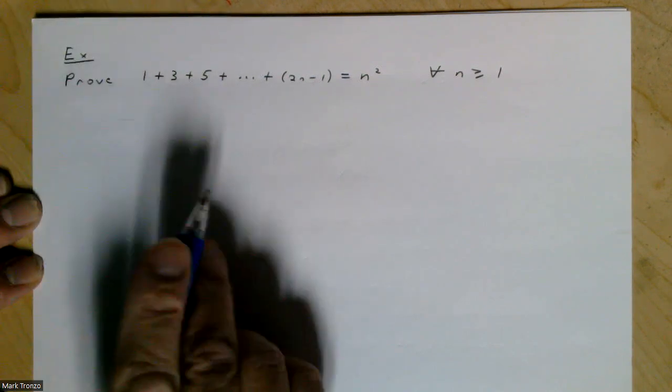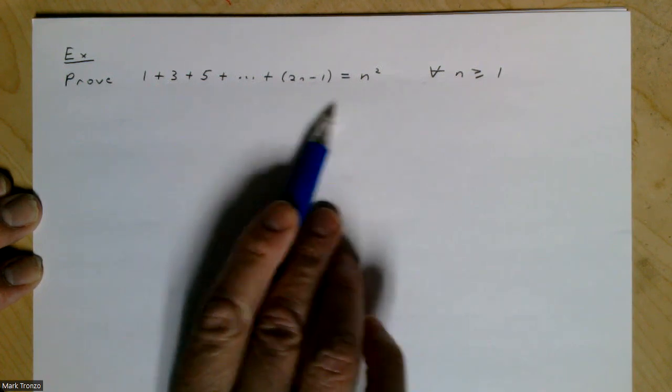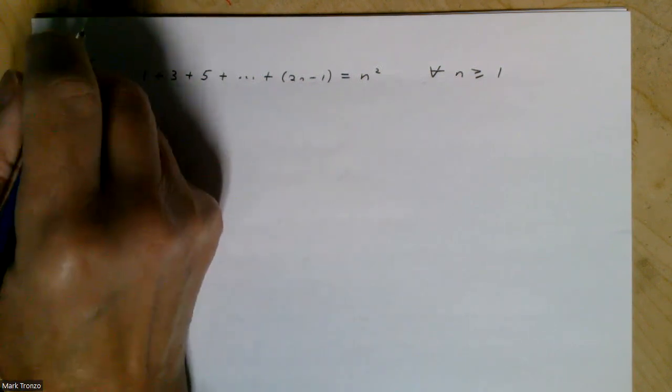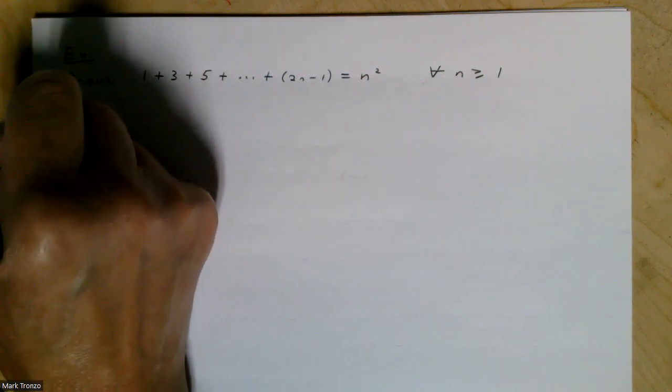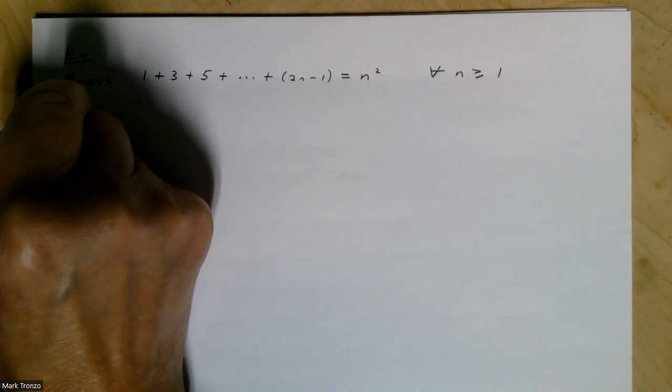Now, first of all, let's understand what we have here. What does this really mean? Let's do some scratch work just to understand, maybe on a separate sheet of paper here. So what does this mean?